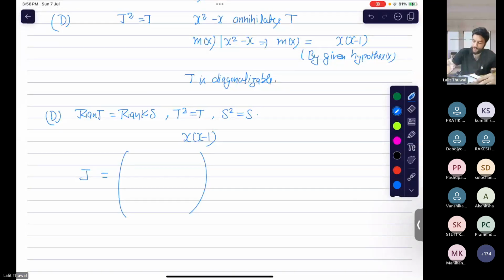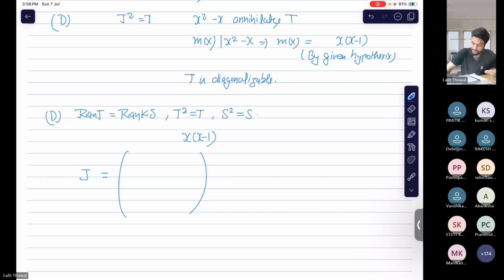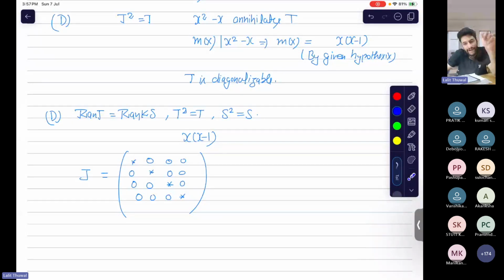If you write their Jordan canonical forms, first of all, the Jordan canonical form will look like this: star star 0 star, 0 0 0 0 star. The Jordan canonical form will look like this because T and S both are diagonalizable, so their Jordan canonical form is a diagonal matrix.